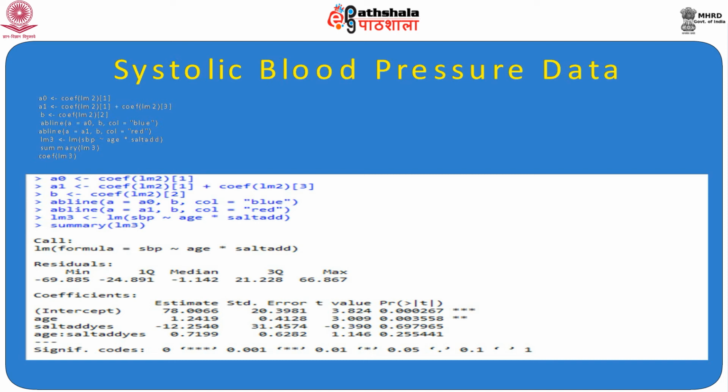And it can easily be stated that, definitely, as age increases, systolic blood pressure also increases, but there is a higher difference in this blood pressure increase. Those who have salt added have a higher chance of their systolic blood pressure inclining with their age, in comparison to those who have systolic blood pressure but are not taking salt.